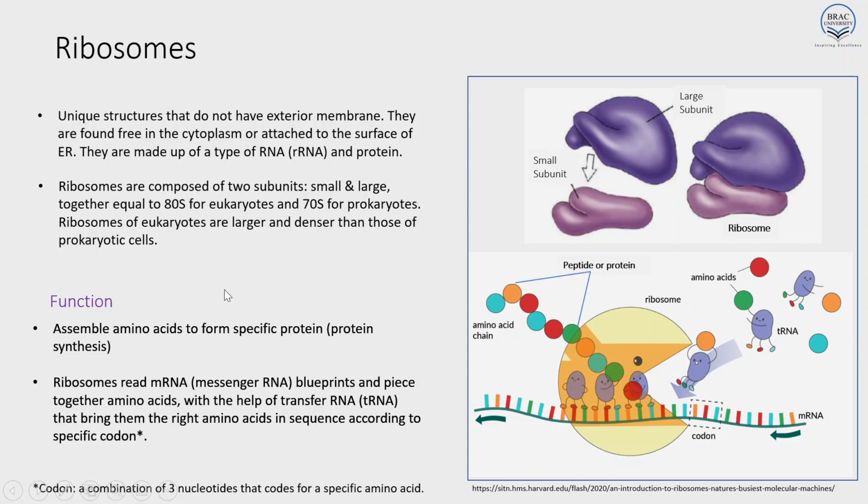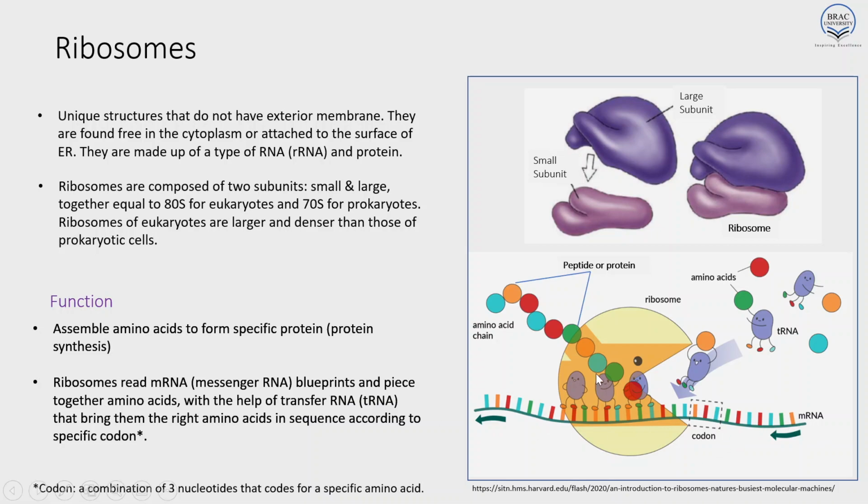So this, in a nutshell, is the translation process in a very simple figure. So the function of the ribosome is to assemble amino acids to form specific proteins. We know that already, and this is called protein synthesis. The ribosomes read mRNA, messenger RNA. Messenger RNA actually carries the blueprints for the encoded or translated protein.